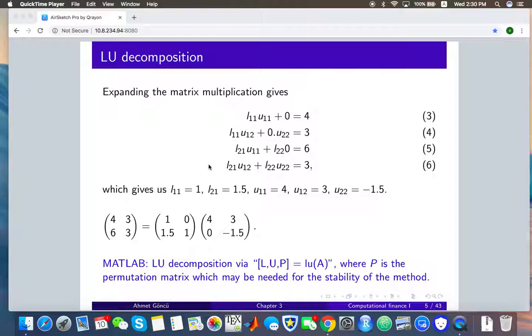In MATLAB, this is not difficult to achieve. We can use the lu function, which is a built-in function in MATLAB. Remember we are interested in solving a system of equations, and the coefficient matrix is given by this A. If we input that to our LU decomposition function, it's going to produce the lower triangular matrix L, the upper triangular matrix U, and the so-called permutation matrix P as well.